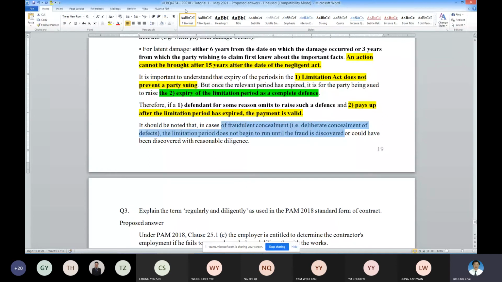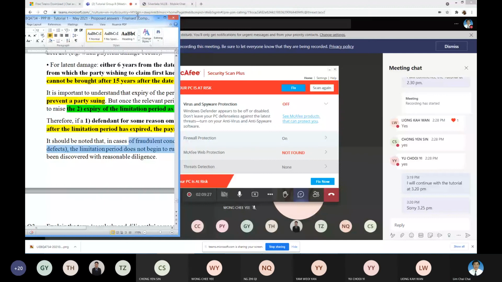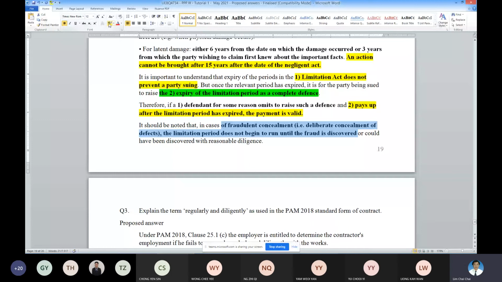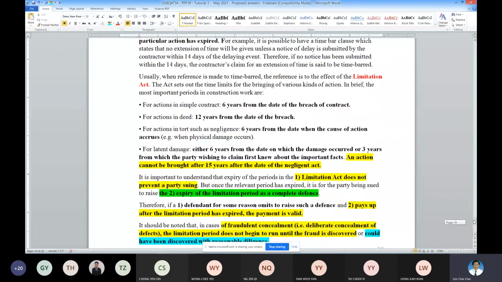So if there are fraudulent activities involved, this is how the time expires, or it can be discovered with reasonable diligence. So this is how you interpret time bar, from the statutory and also from the contractual.